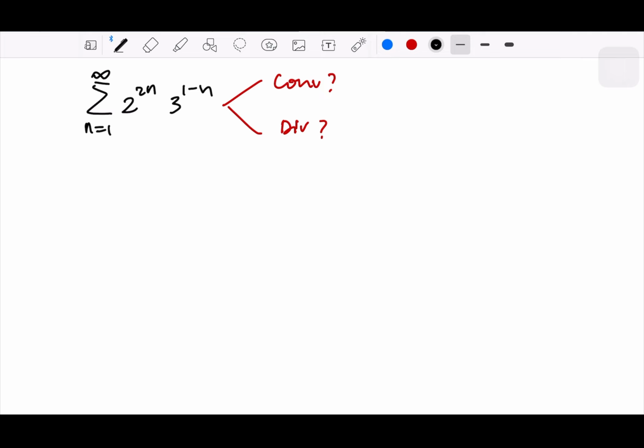So first, we can observe whether it's geometric or not. Maybe we can take the 2, and we can write it like that. And then maybe we can write 1 minus n as n minus 1. Okay, let's try that. So we take the negative.